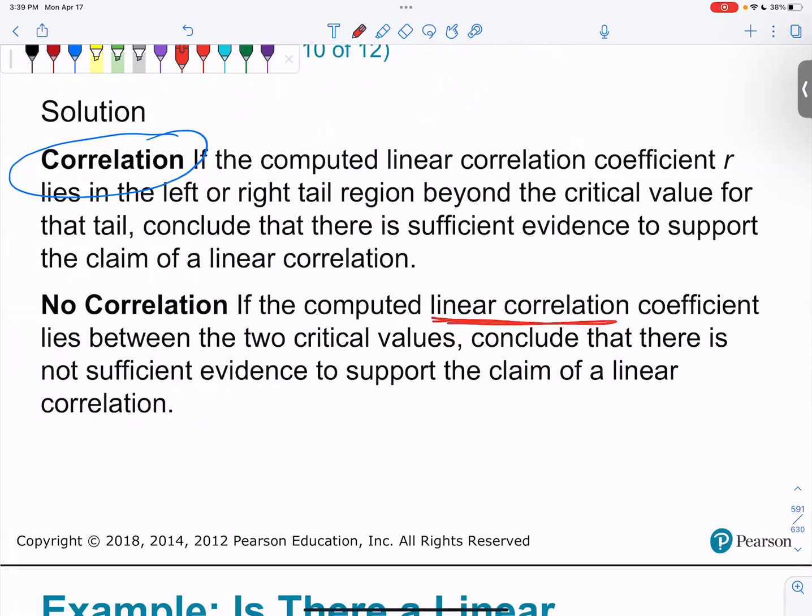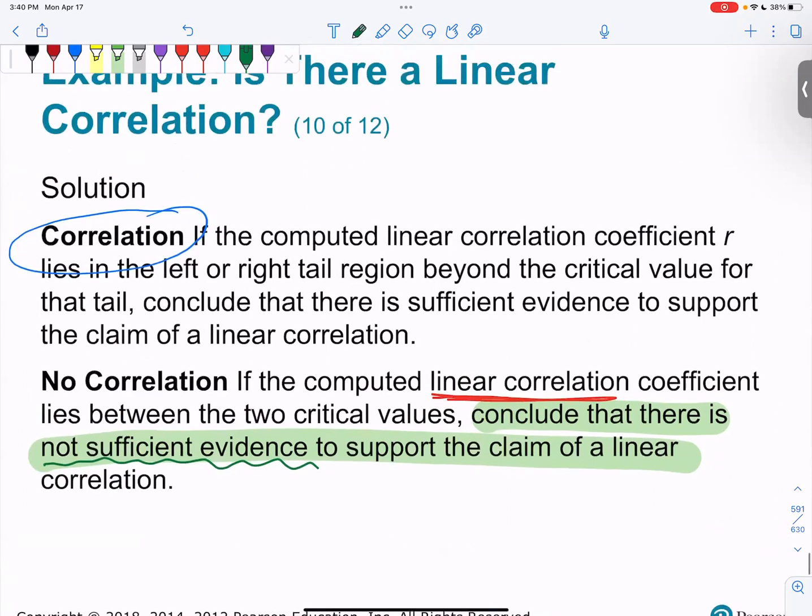So no linear correlation, or we can say that we can conclude that there is not sufficient evidence to support the claim of linear correlation. Why? So why we say no evidence here? Because if we change the sample size, we might get a new evidence or we change our decision.